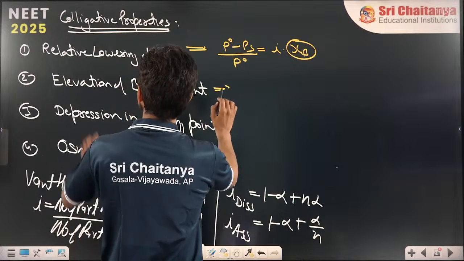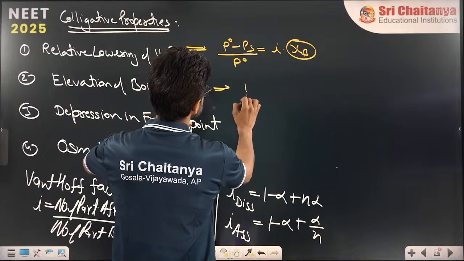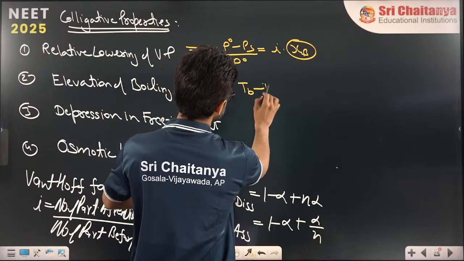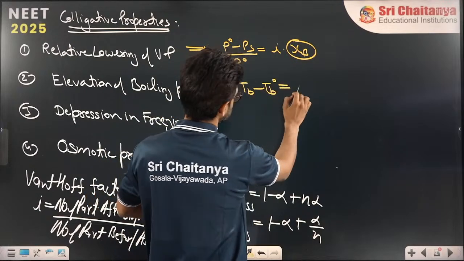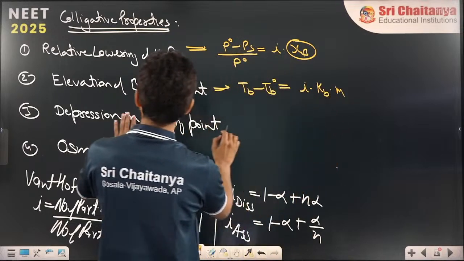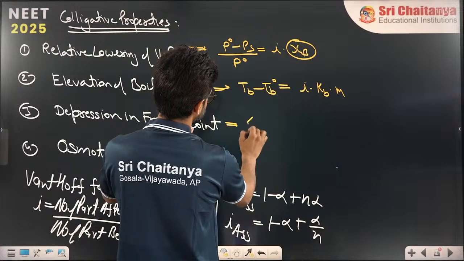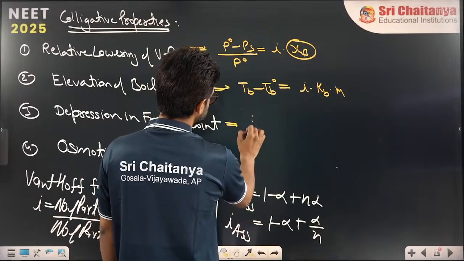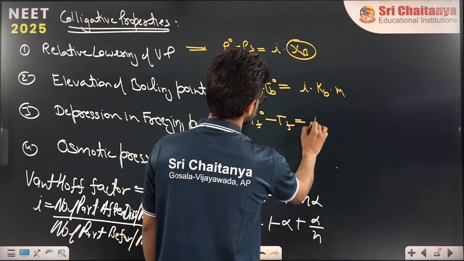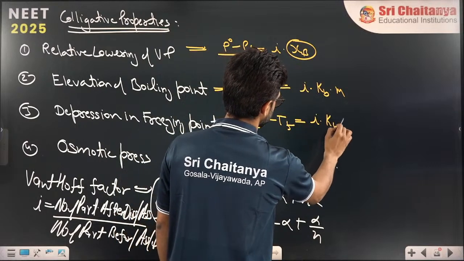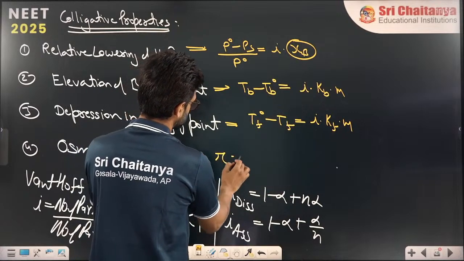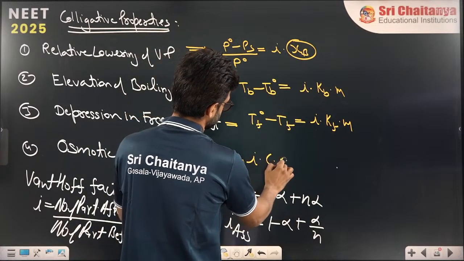Now, the elevation in boiling point is TB minus TB naught equals i Kb m. And depression in freezing point, delta Tf, or TF naught minus TF, equals i Kf m. And osmotic pressure: pi equals i CRT.